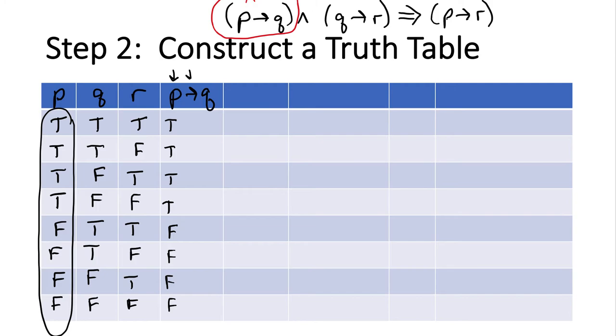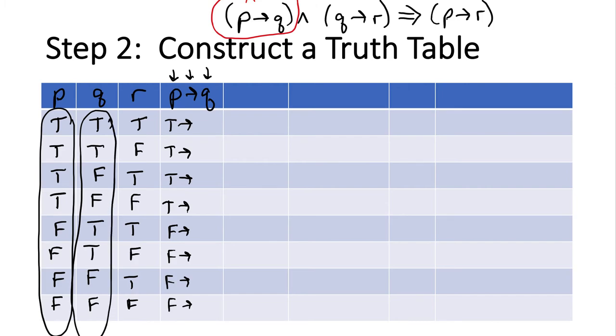I'm going to put my symbol, which is the arrow, and then I'm going to copy my Q values. So that's going to be true, true, false, false, and so forth. And we're going to use our table for if-then to answer these statements.